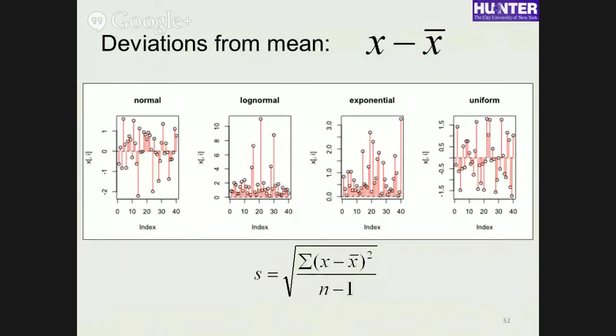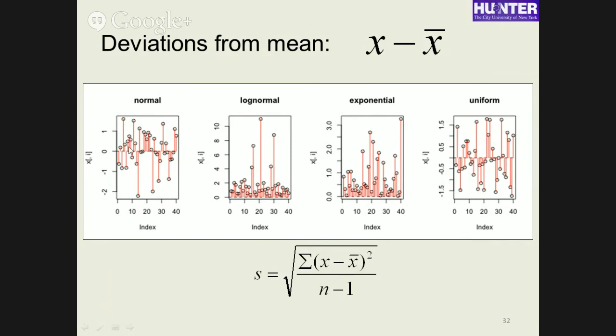This is just a little graphical representation of what it looks like for a few different distributions. You don't need to know what normal, log normal, exponential, and uniform distributions are. You should know the normal distribution; we'll talk about it a lot more. The uniform distribution is kind of an intuitive one. It just means that all possible values within the range are equally likely.